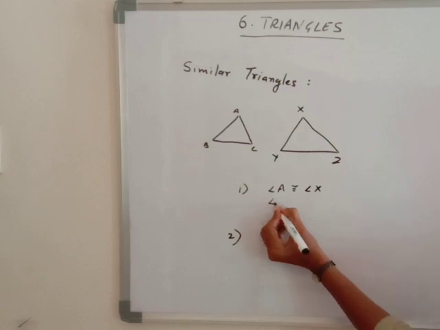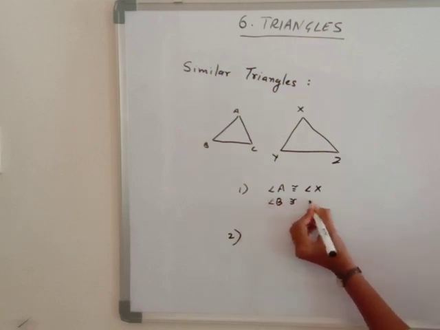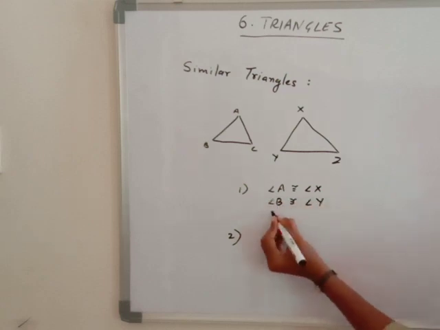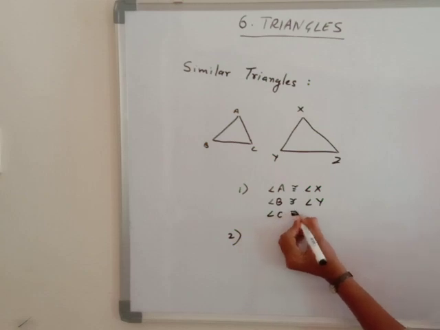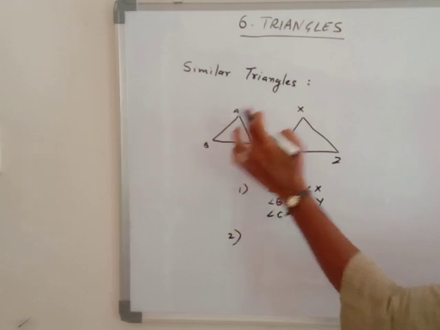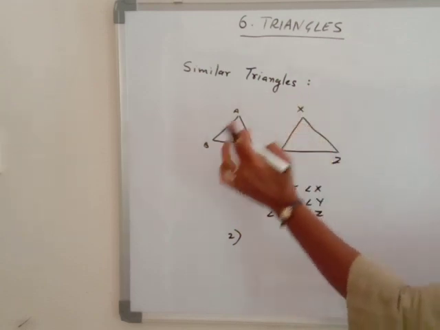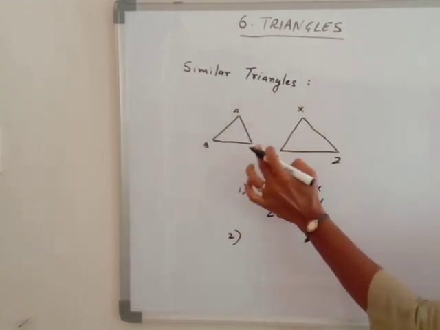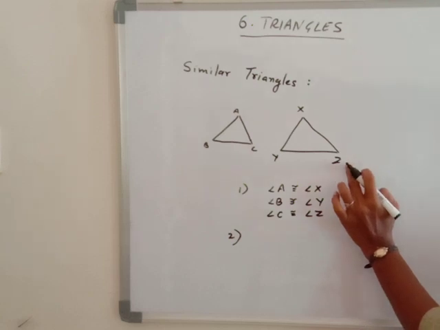Angle B must be congruent to angle Y. Angle C must be congruent to angle Z. That means the measure of angle A must be equal to the measure of X, B equal to Y, C equal to Z.